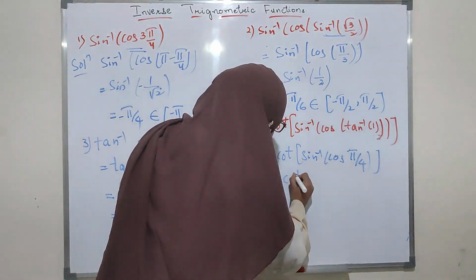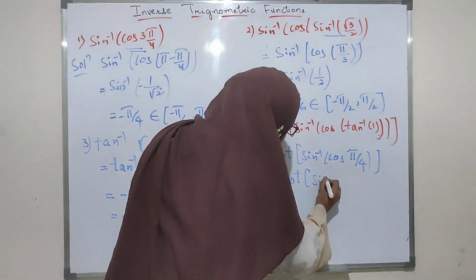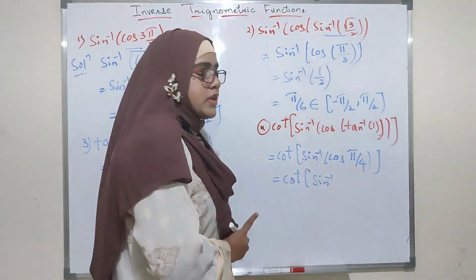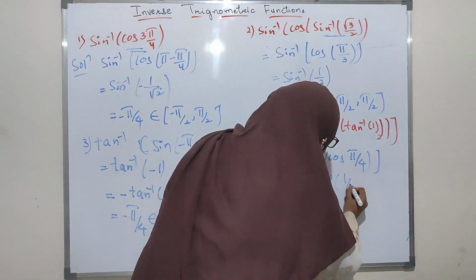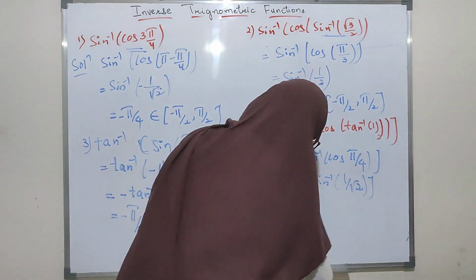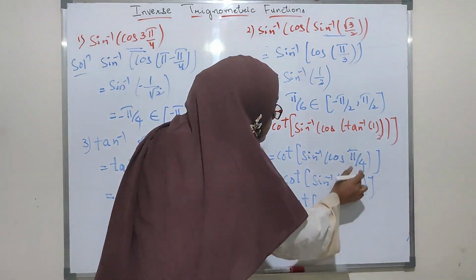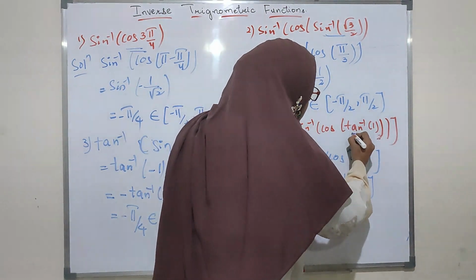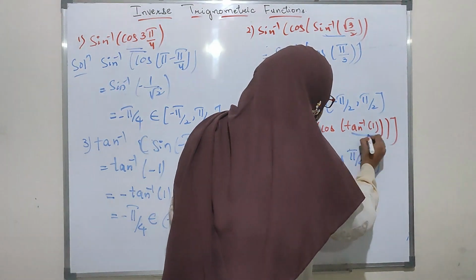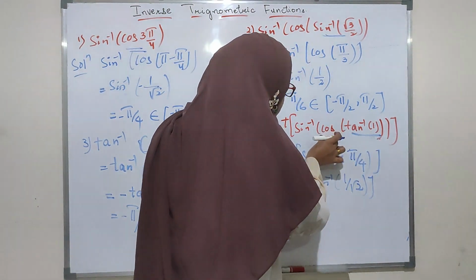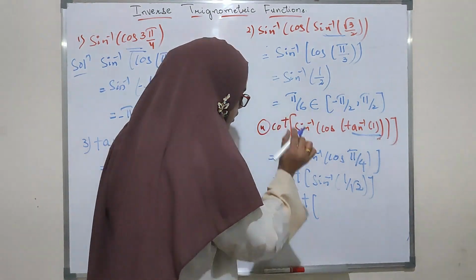Now write cot as it is, sin inverse as it is. Cos pi by 4 we know is 1 by root 2. Sin inverse, we have to always remember, we have to start writing the solution from the inside. First solve for this, then for this, lastly cot.